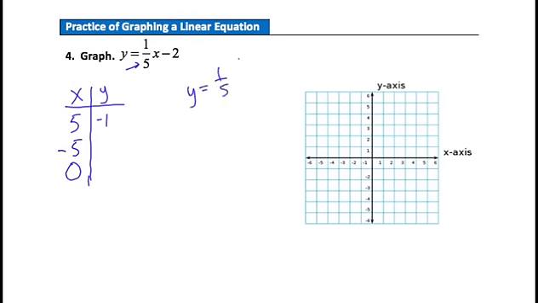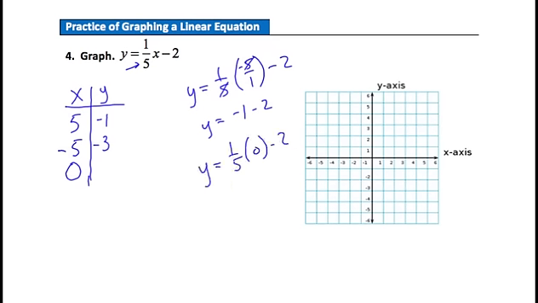Let's pick a value of negative 5, so that would be negative 5/1. Okay, the 5s divide out again, and now I'm left with 1 times negative 1, or negative 1 there. So negative 1 minus 2 is going to give me negative 3. And then finally that 0, if I had 1/5 times 0 minus 2, well, 0 times anything is 0. That's dropping right out, and we see that y is equal to negative 2.